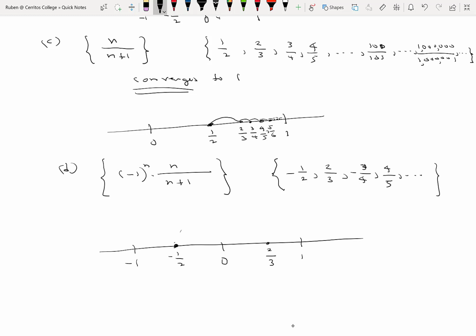So we go from -1/2 to +2/3, then to -3/4, then +4/5, then -5/6, etc. The terms are bouncing across the origin.